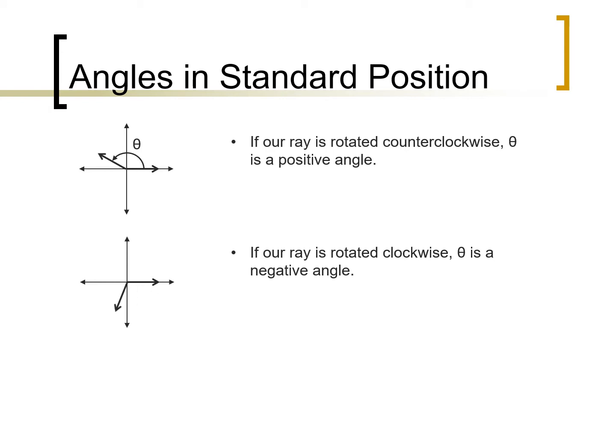So over here, this angle that I just traced out, that angle theta, would have a negative measurement to it. A positive angle involves us rotating that ray counterclockwise, and a negative angle if we're rotating our ray clockwise. Again, please feel free to pause this video to get the stuff down in the notes. And again, this should also be in the top half of page 7, just some bullet points we're going to write in that space.